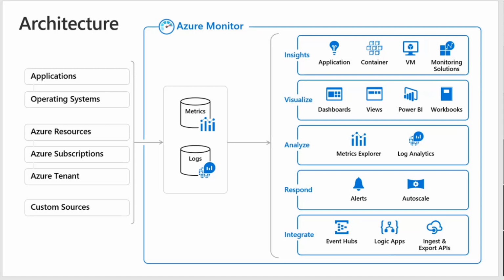Then I think a couple of years later, Microsoft stopped using the name OMS, and something new was introduced called Azure Monitor. Before Azure Monitor, if you wanted to do monitoring, you either used Log Analytics or App Insights, the two products.